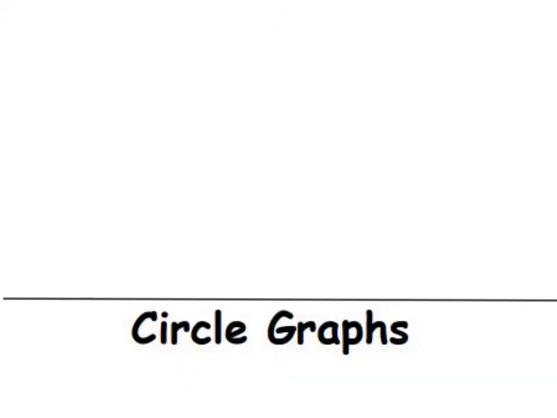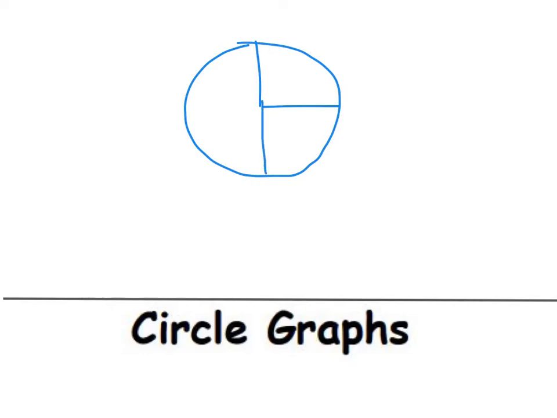So what I need you to do is take your handout and fold it in half. And then once you fold it in half, you have this blank space. I want you to draw a circle, and that way you could go ahead and put the percentages there.